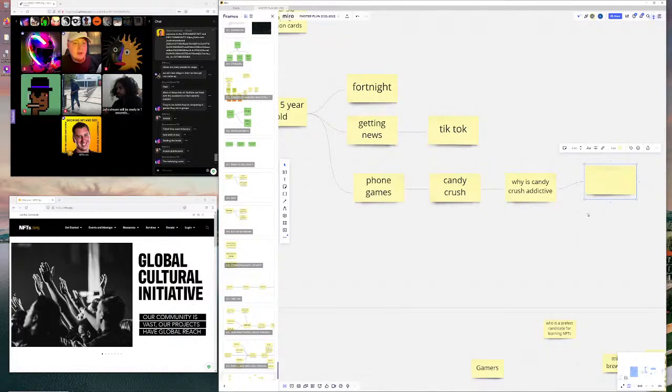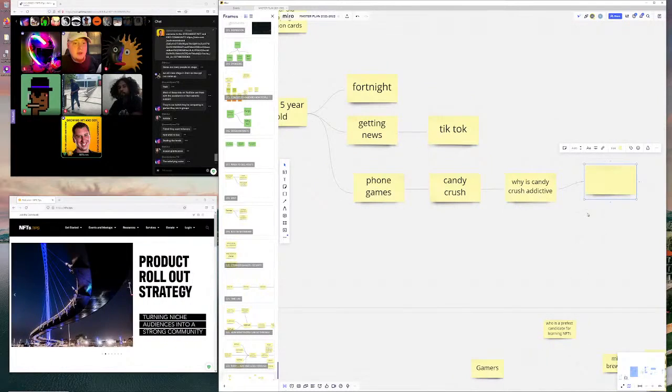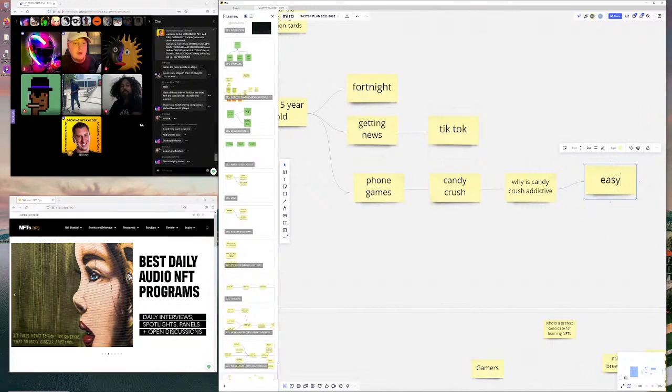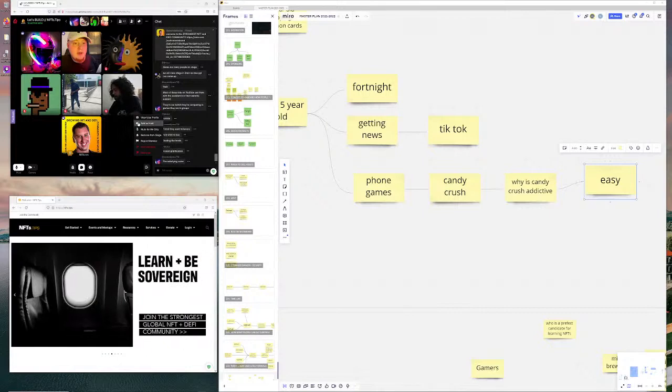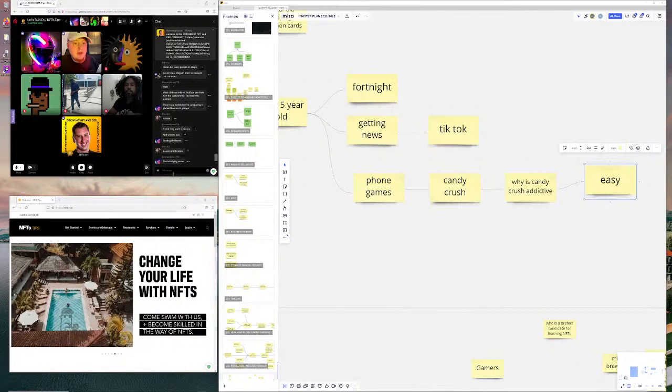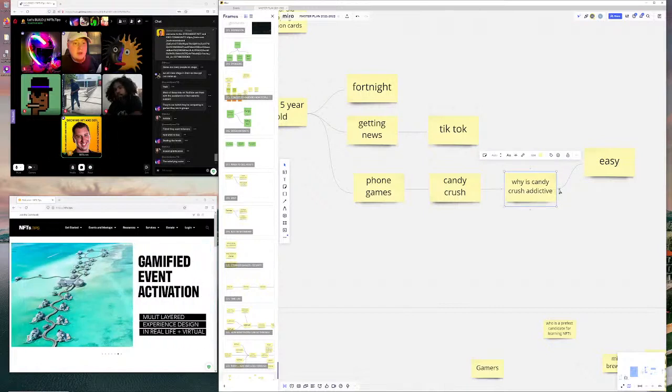So I think one of the reasons is they make the game easy. They make it easy, but then they give you a little bit of a challenge and then charge you money to get to the next stage that you can't beat.